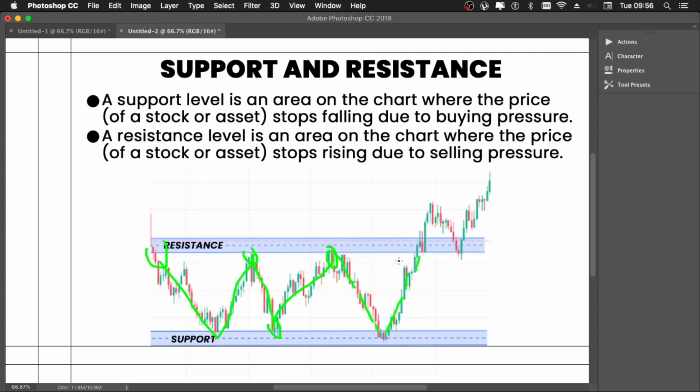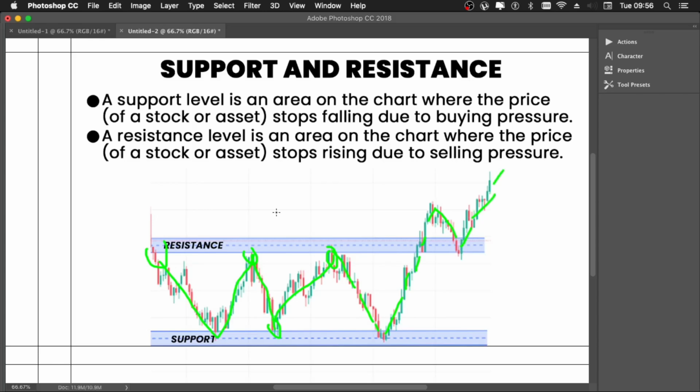We should understand that resistance and support zones are not automatic zones. Sometimes these zones get broken. For example, when a resistance line is broken, sometimes it becomes the new support. As you can see, when price reached back to this previous resistance line, it became the support and price started rising.